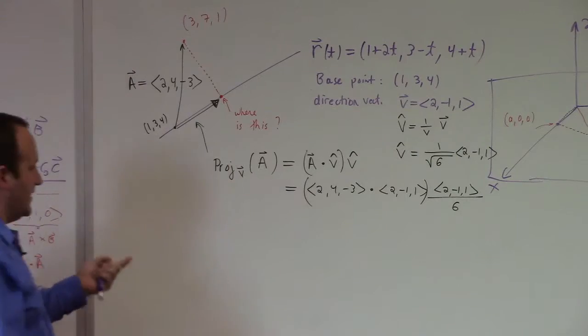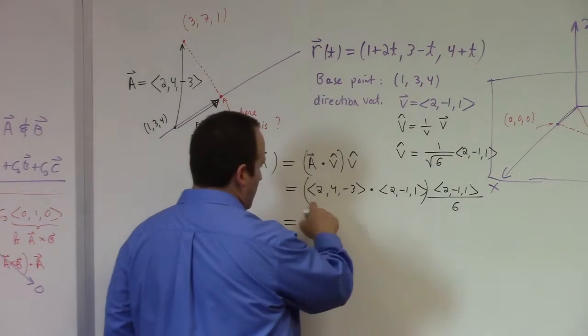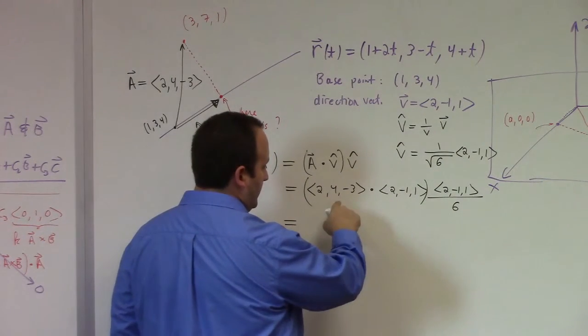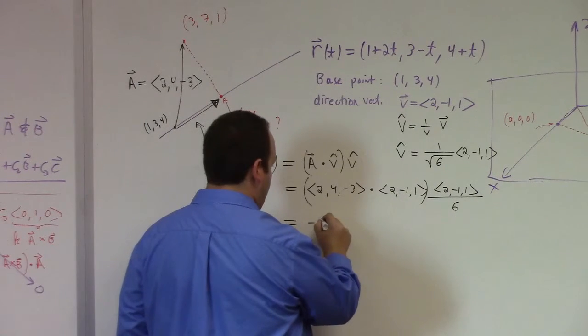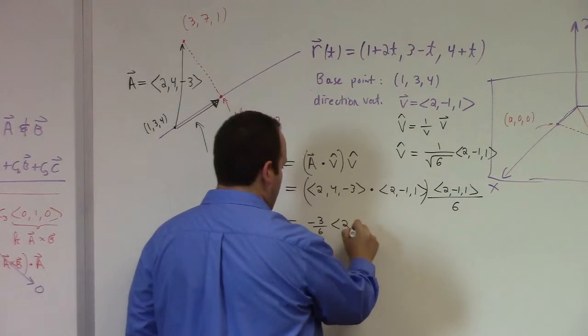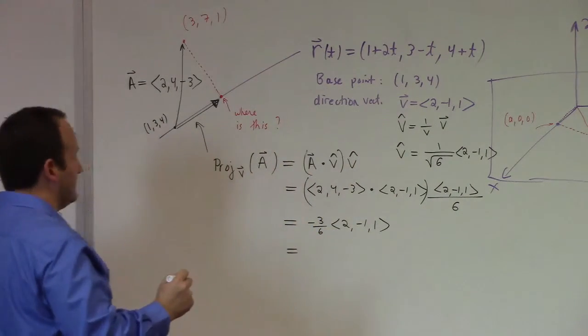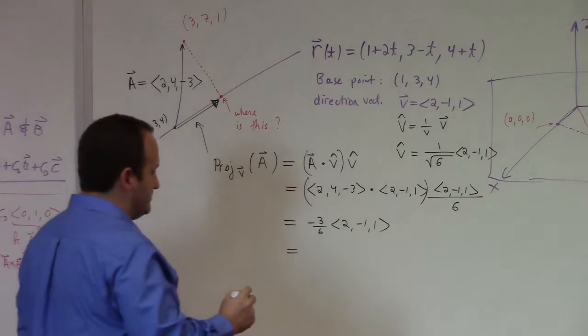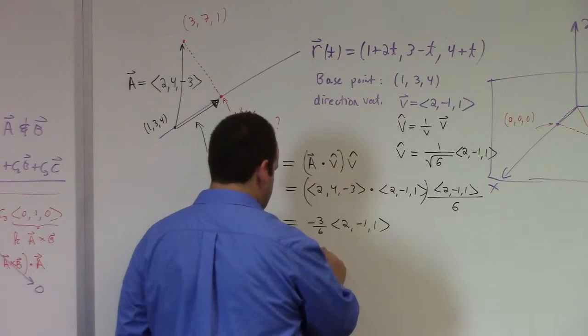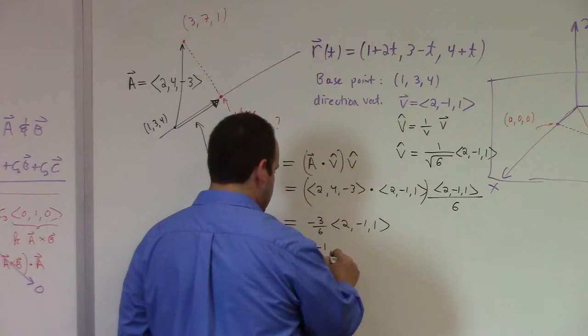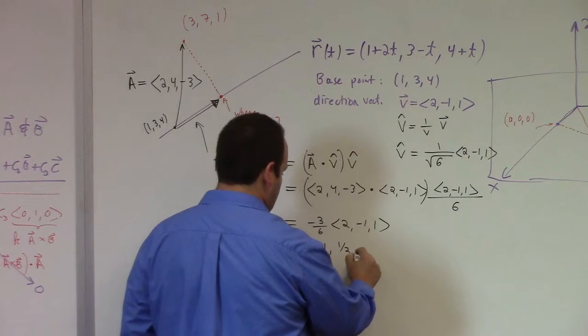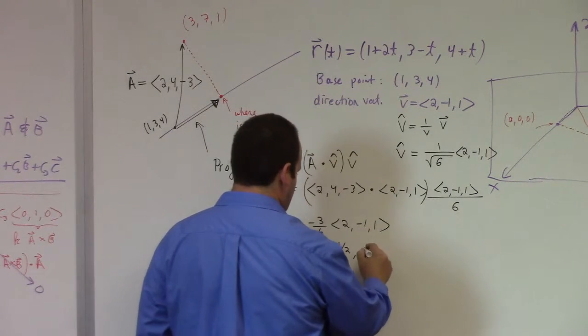Can you take the dot product? What we got? 4 minus 4 is 0, minus 3 over 6, 2 minus 1, 1. What do we get? I'll take that.